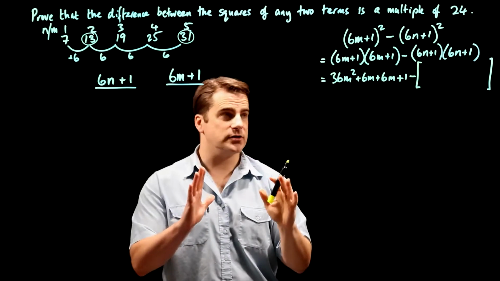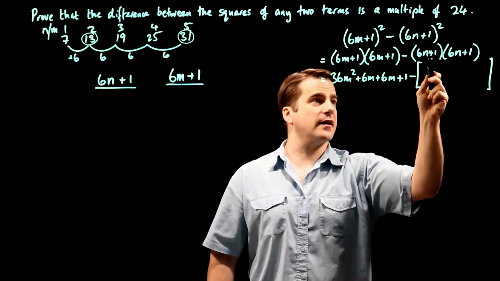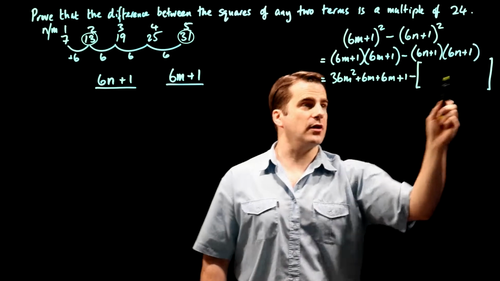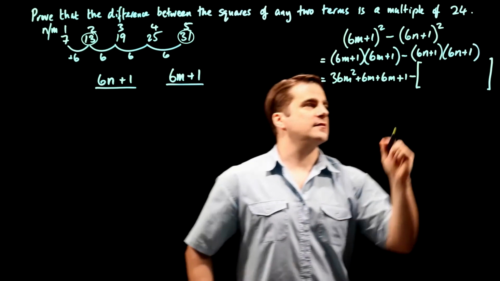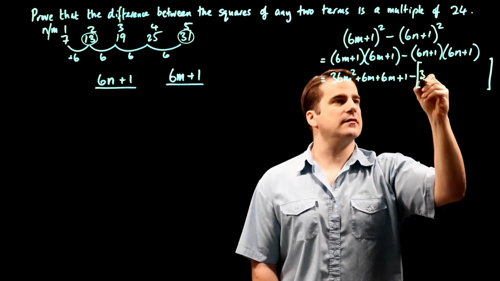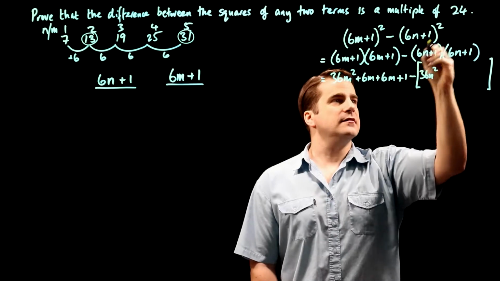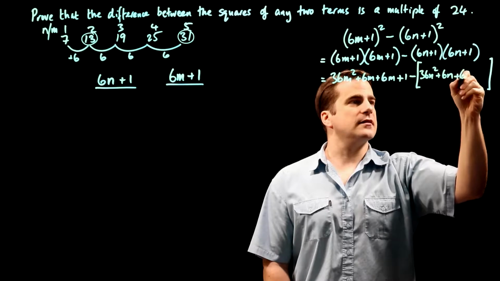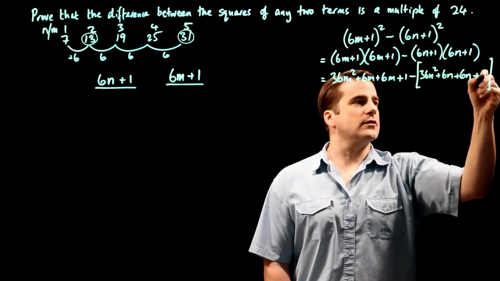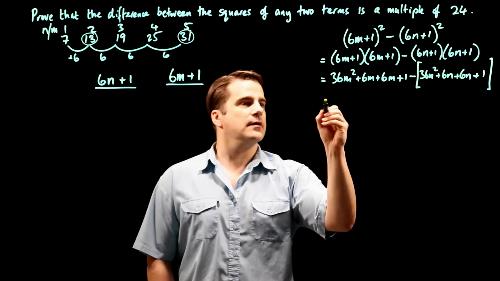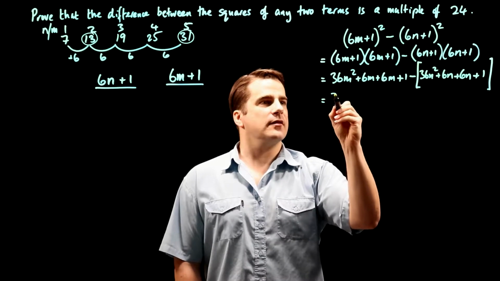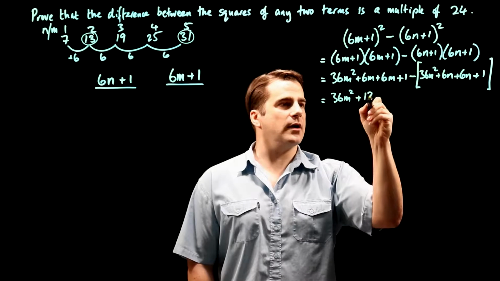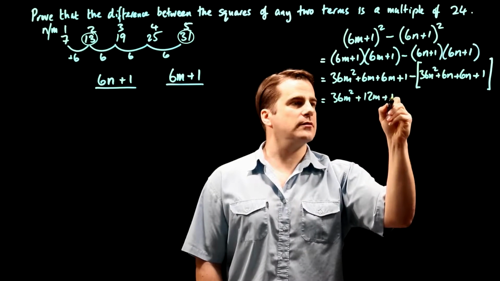Don't try and do too much at once. We have to multiply out these two brackets first and then it's minus 1 times the whole lot. Okay? So 6n times 6n is 36n squared. 6n times 1 is plus 6n. 1 times 6n is 6n. 1 times 1 is 1. Okay? Equals, combined terms, 36m squared. 6m plus 6m is 12m plus 1.